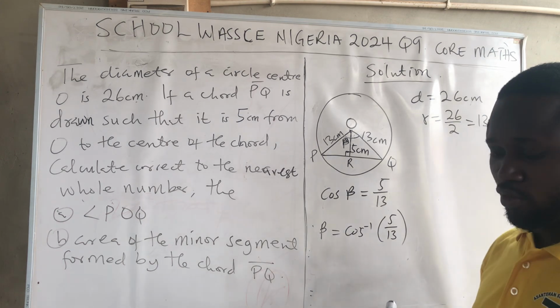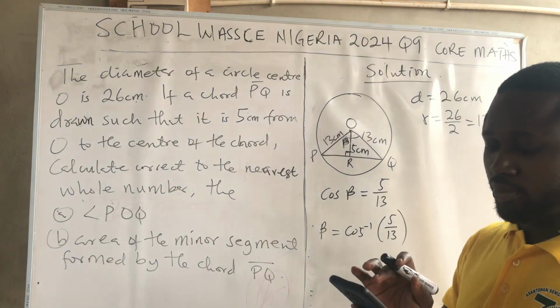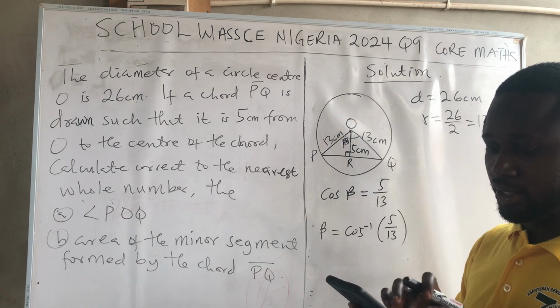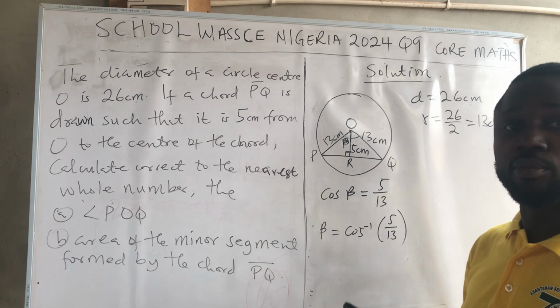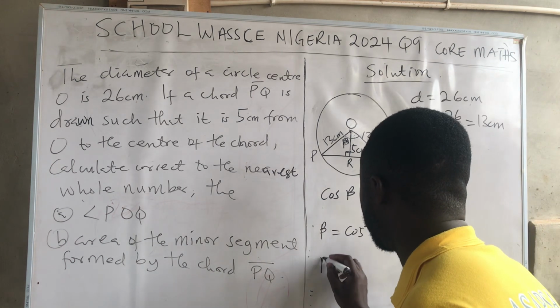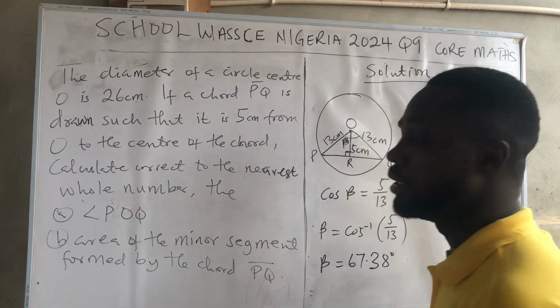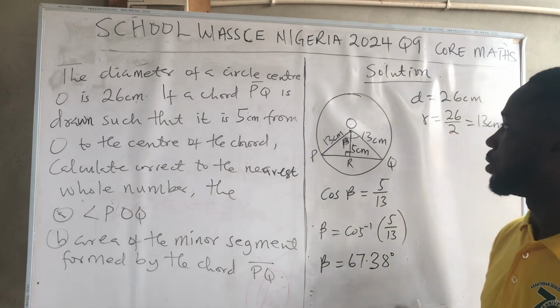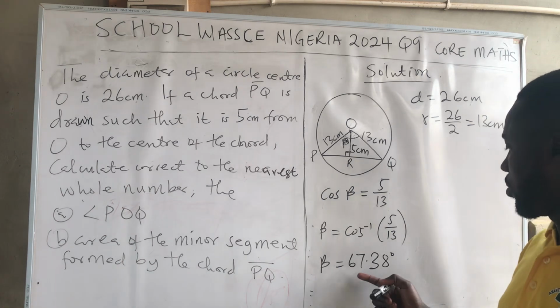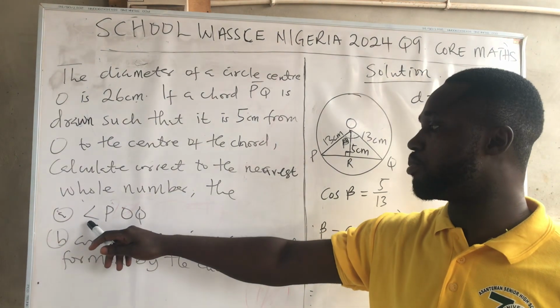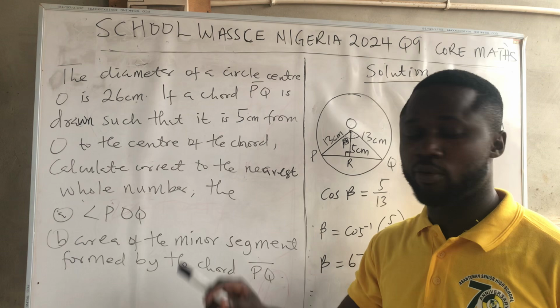What is cos inverse of 5 over 13? Let's come to the calculator. Cos inverse of 5 over 13 is going to give us 67.38. So my beta is 67.38 degrees, so the angle here is 67.38 degrees.